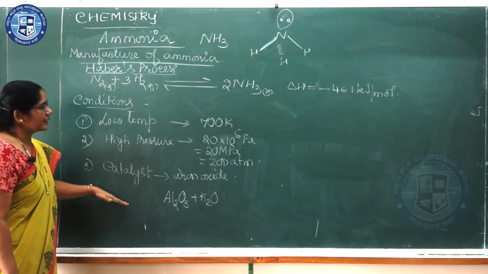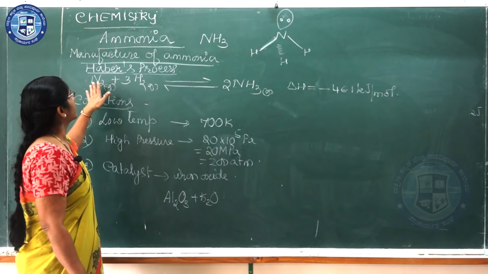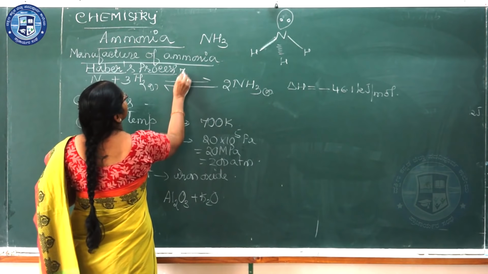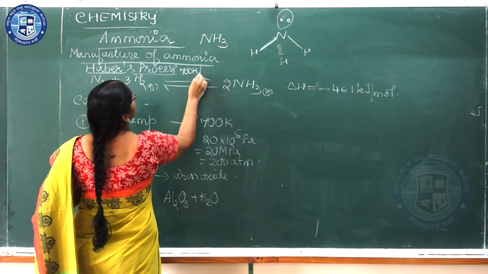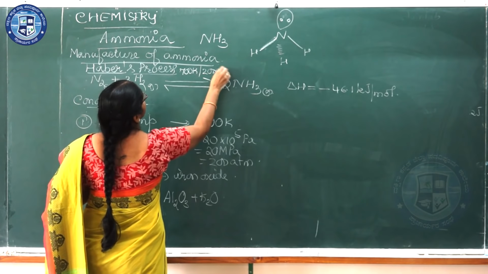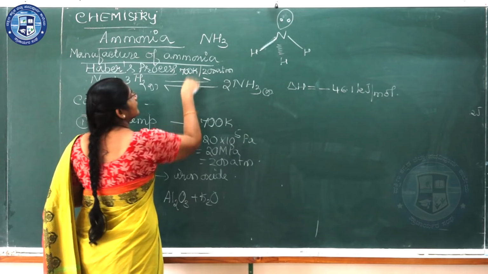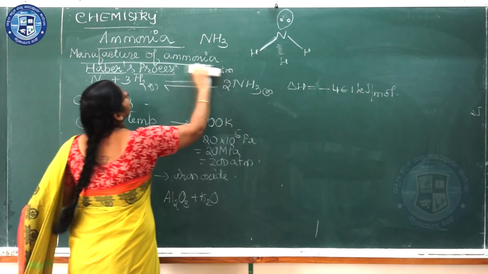So, with these conditions, we mix nitrogen and hydrogen. So, 700 Kelvin temperature, 200 atmosphere pressure, or you can write this at the bottom also, no problem.